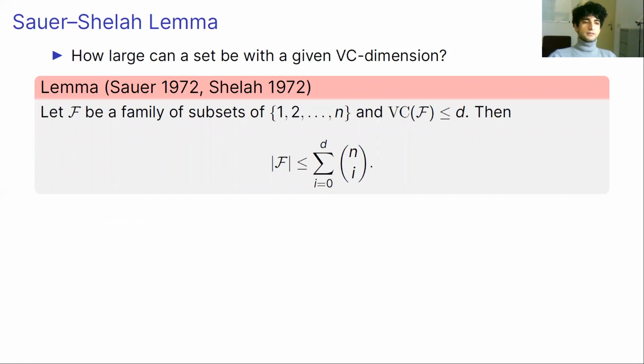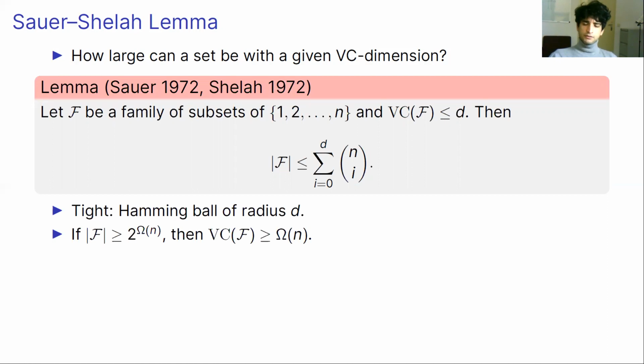It's commonly now attributed to Sauer and Shelah, which gives the following bound: if the VC dimension is at most D, then we can bound the family size by a sum of binomial coefficients up to D. And this is tight. It's very easy to see, because you can just take the Hamming ball of radius D, and its VC dimension is exactly D.